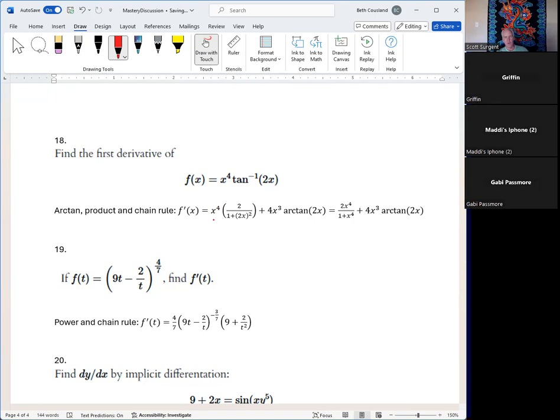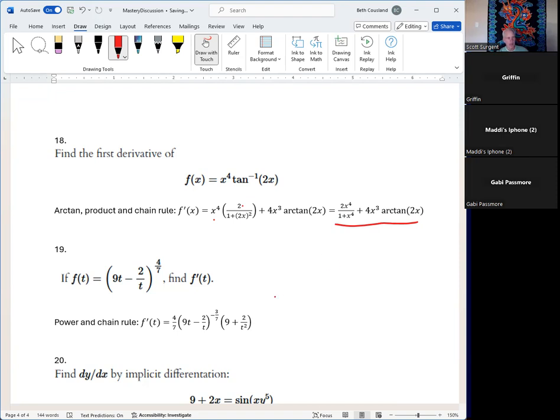So it's the first, x to the fourth, times the derivative of the second, which is, again, the derivative of arctan is 1 over 1 plus quantity squared. So the quantity here is 2x, so you square it. And then the derivative of the 2x is 2, so it goes on top. And then you do the second, which is arctan 2x, times derivative of the first. And then I just cleaned it up here over on the right. So it just made it look pretty.